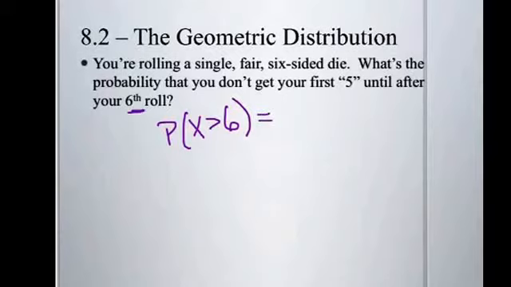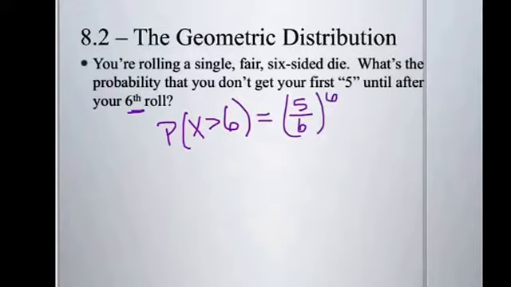So probability of failure of not getting a 5 is 5 out of 6 to the 6th power, or the nth power, which is, in this case, 6. And the answer to that is 0.3349.